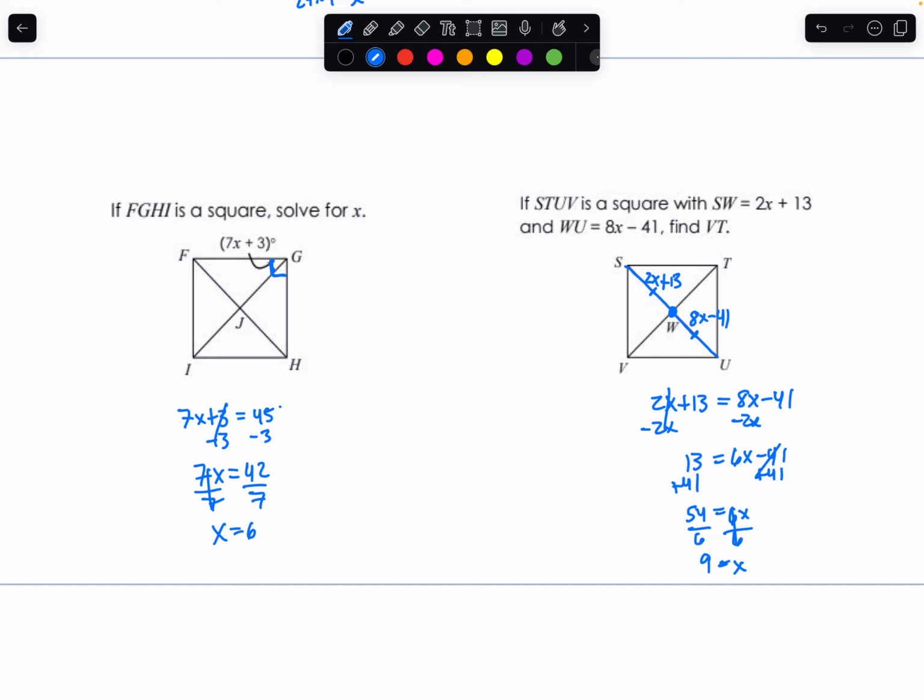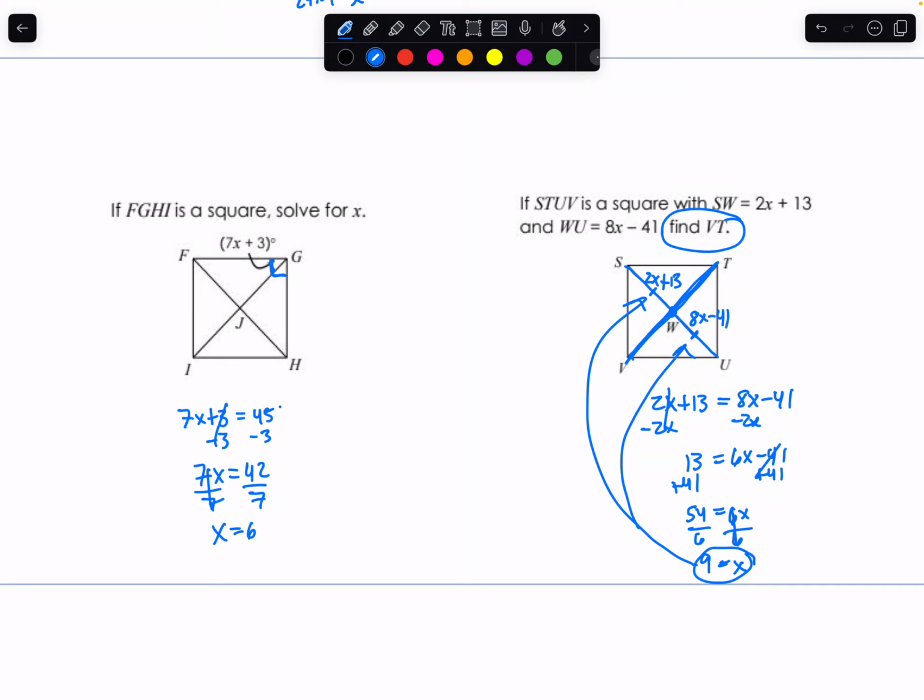Now, what I'm really interested in finding is the length of VT. VT is this length. The diagonals are congruent like rectangles, right? A square is a rectangle. Therefore, when I plug this back in into this information, I can find the full length.